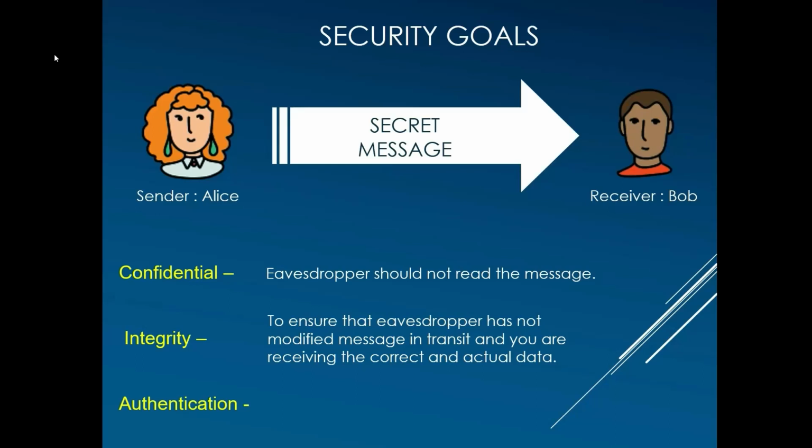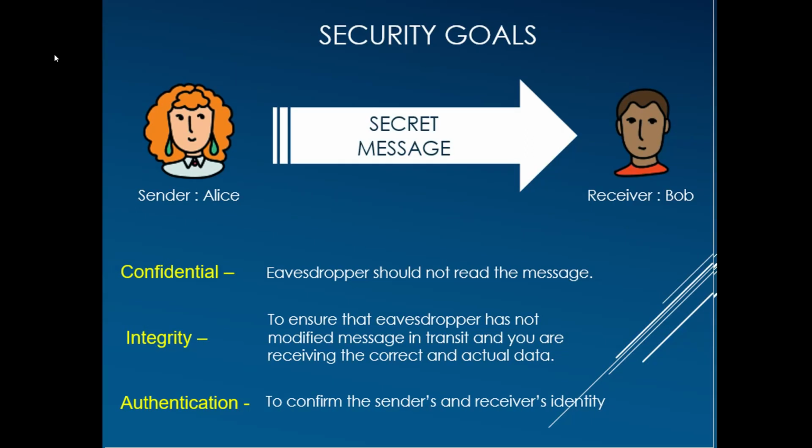So a good cryptographic algorithm should ensure that it is indeed the sender who has sent the data and indeed the correct receiver who has received the data. So the identity of the sender and the receiver has to be confirmed by the cryptographic algorithm. This is known as authentication.